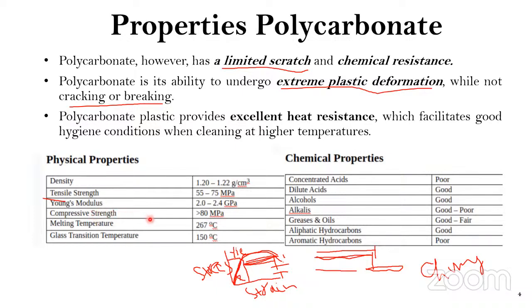And the compressive strength is greater than 80 megapascal, and the melting point is 267 degrees Celsius. That is the reason they are considered excellent heat resistant. This polycarbonate material can be used for sterilization purposes.